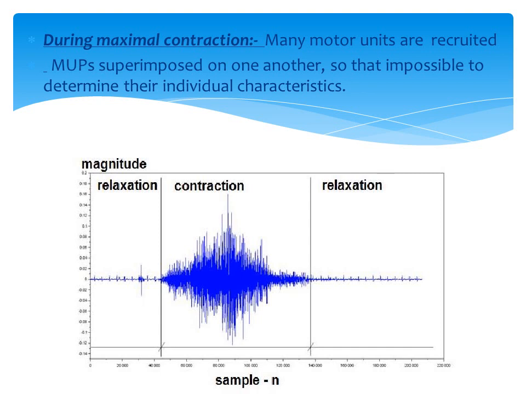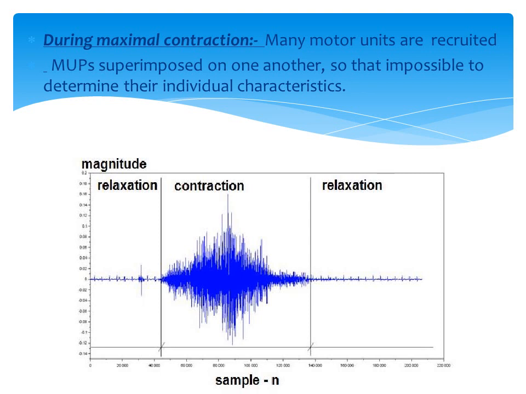When there is maximum contraction, the amplitude and frequency will be so high and they will be superimposed on each other that we cannot see them separately, and it is impossible to determine their individual character.